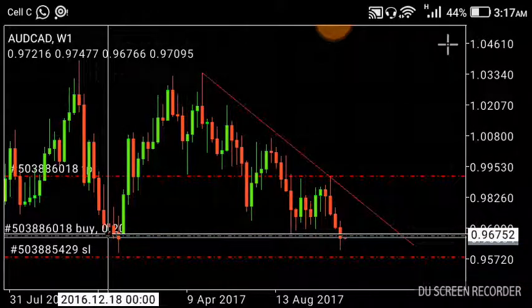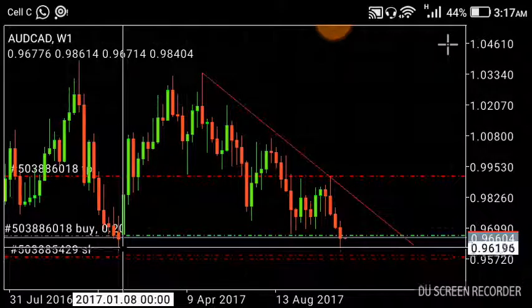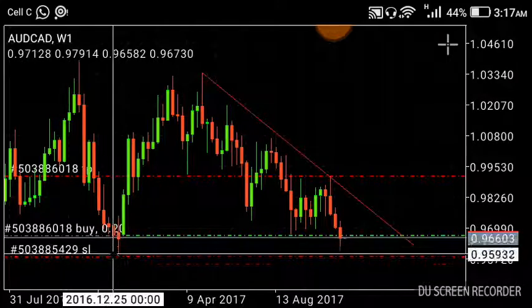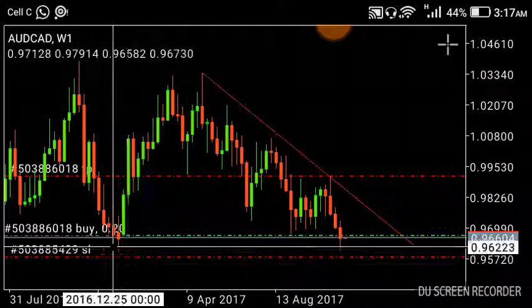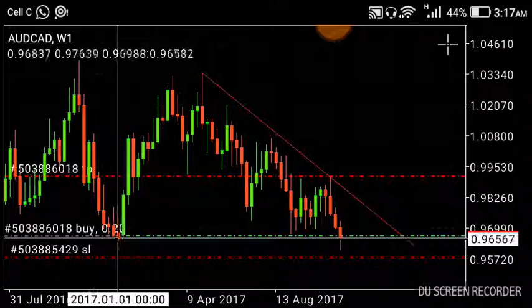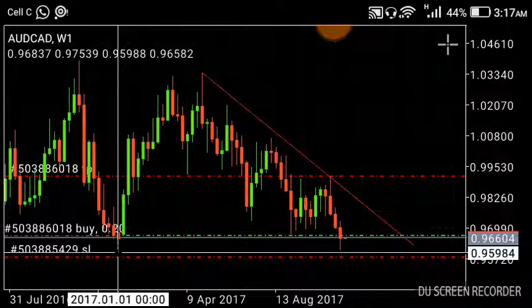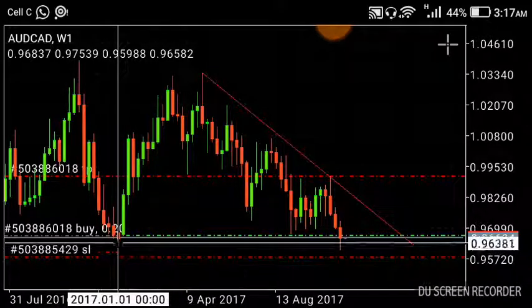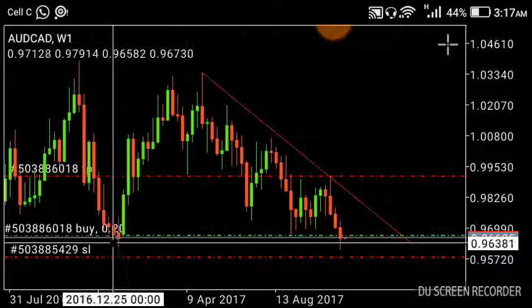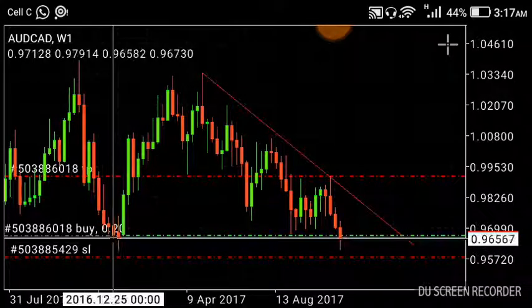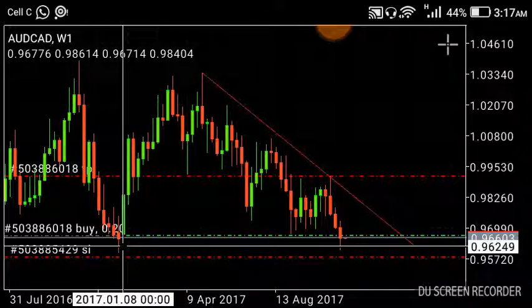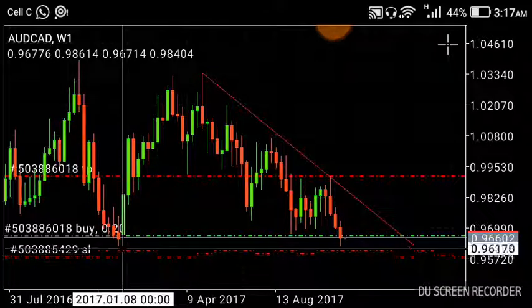And another thing you have to identify is, does it have any indication of price rejecting lower levels? You can see that by looking at the body of the candles. This small portion here is what we call the candlestick, and this is the wick of the candlestick.